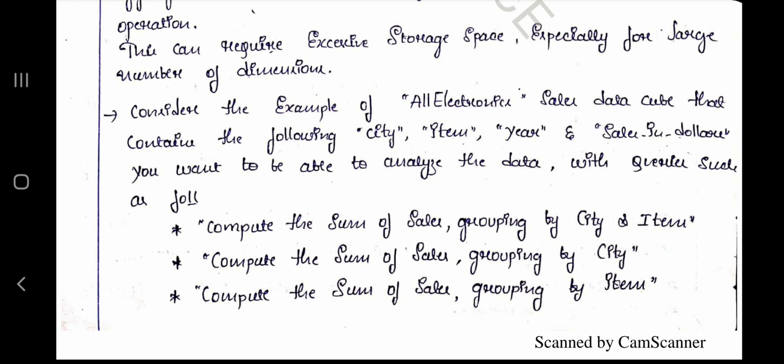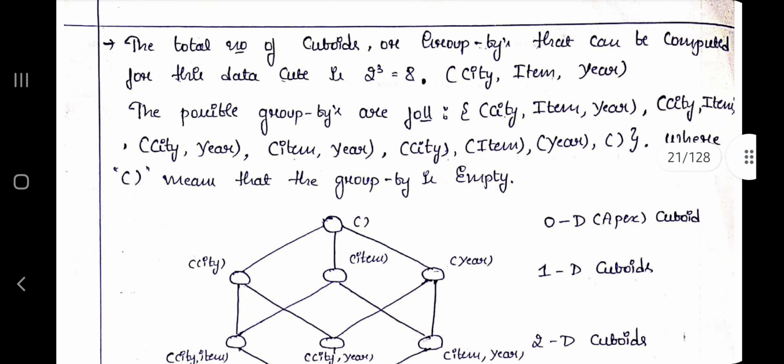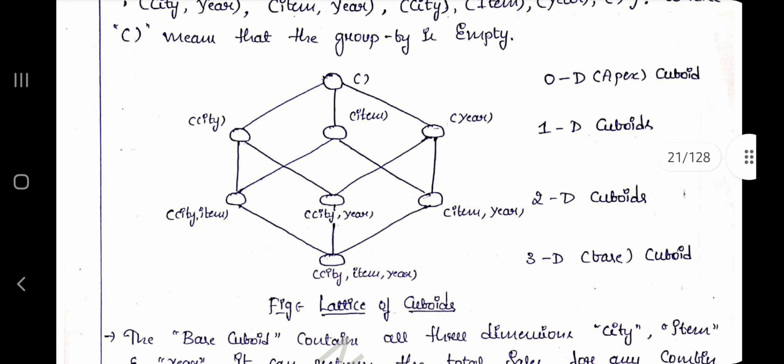For example, if I choose city and item and see which is the best city and which is the best item getting sold, can I get more relevant information for the current scenario? That's what we will consider. Here are some other groupings given, like city and item, or just city, or just item, and so on. If we write all the combinations, there will be a total of 8 combinations for the 3 items, and those can be represented in the form of a cube as well.